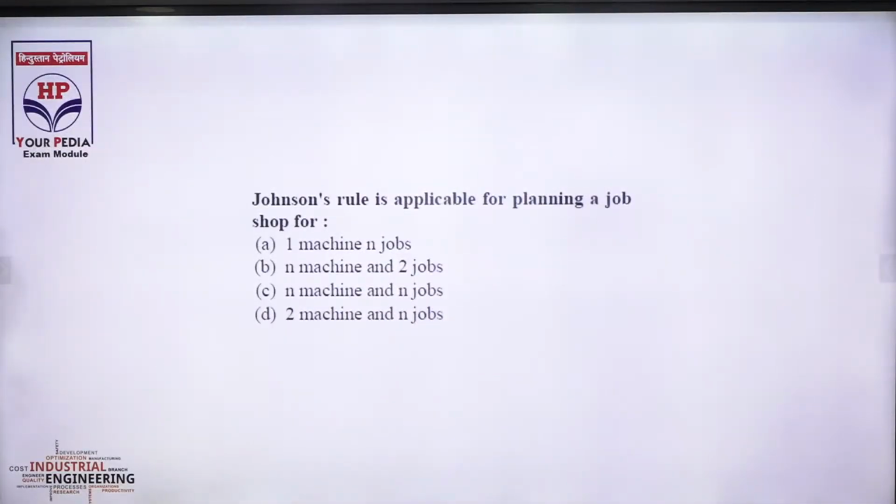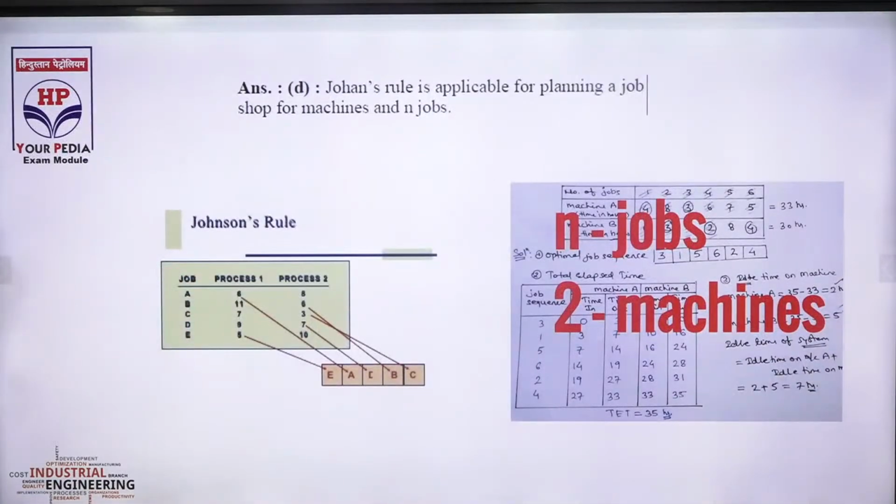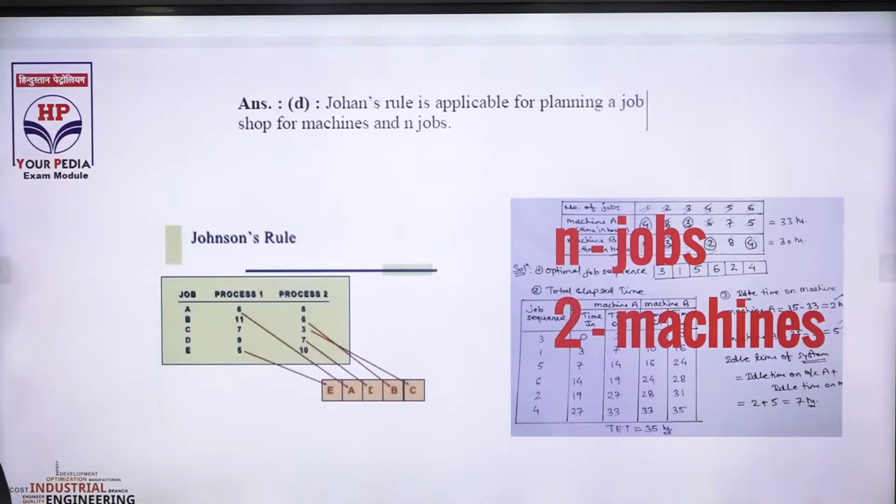Johnson's rule is applicable for planning a job shop for how many machines and how many jobs? So this is for n jobs and 2 machines.